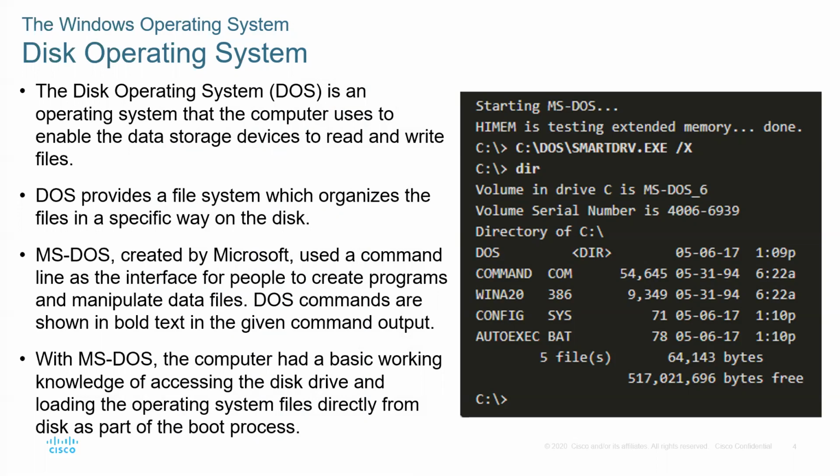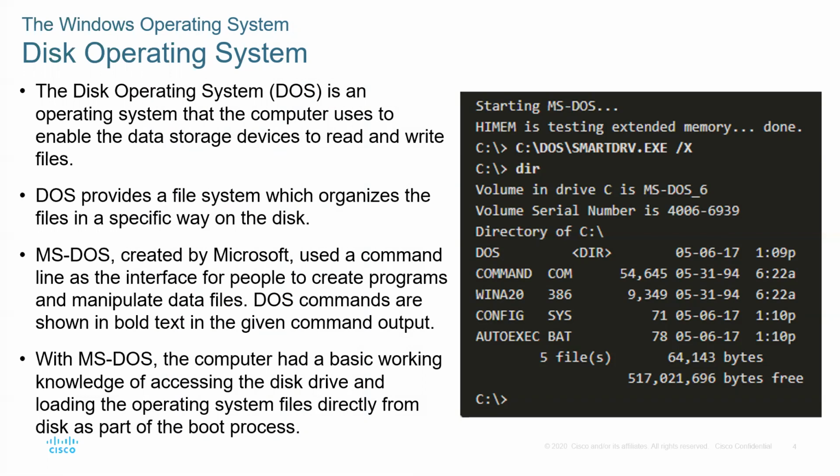DOS commands are shown in bold text, as you see over there to the right, with the given command being this one here. So like running smartdrive.exe with a /x extension on there, and then running dir so that you could list everything that was in that particular folder.